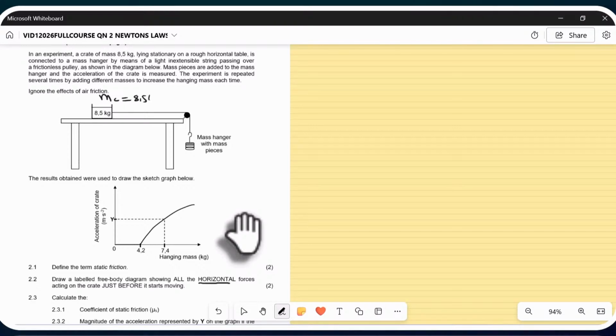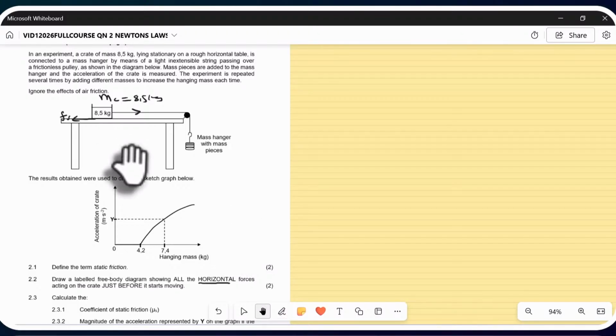And then you see the tension will be pulling this way, then opposed by friction on the table, acting this way. So now that's what we want here. They said just before, so it's going to be the static frictional force. So here, in that case, we don't need the normal force and we don't need the weight.